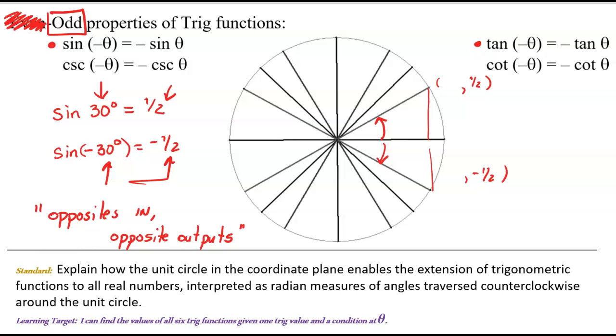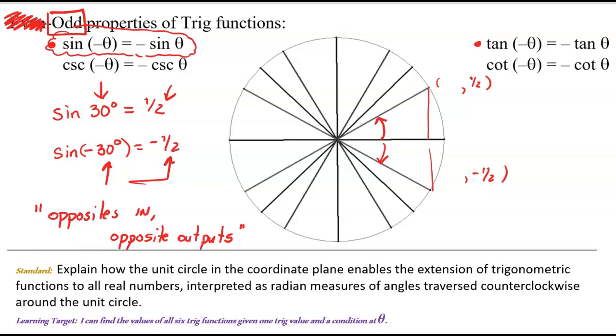So if you're evaluating a negative angle, think about what the positive angle gives you and change the sign. That's what this algebraic statement actually says. If you're looking at that going, I don't know what that means, all that means is opposites in, you get opposites out. Okay?